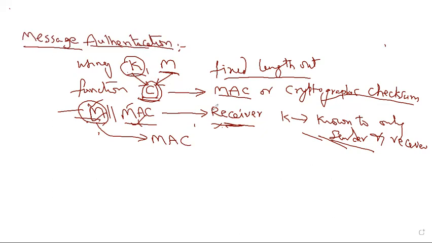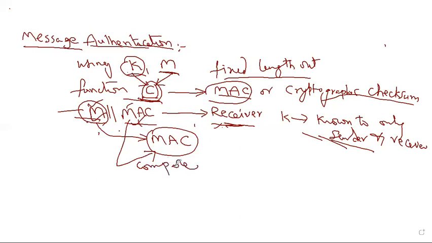That key should be maintained by both sender and receiver. So whatever procedure the sender used to generate the MAC code, the same procedure is used by the receiver. After generating the MAC code, he also has the received MAC code, so the received MAC code and generated MAC code are compared.